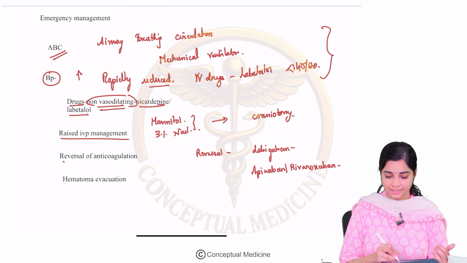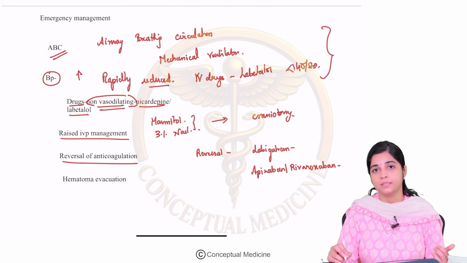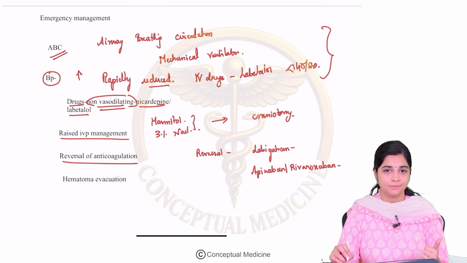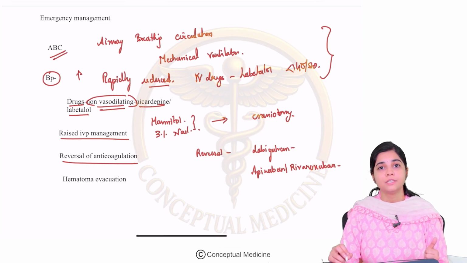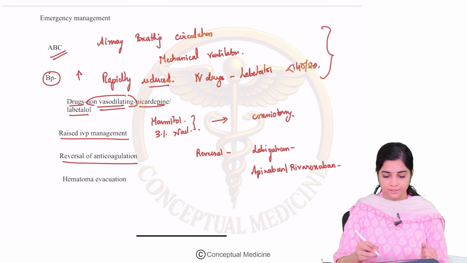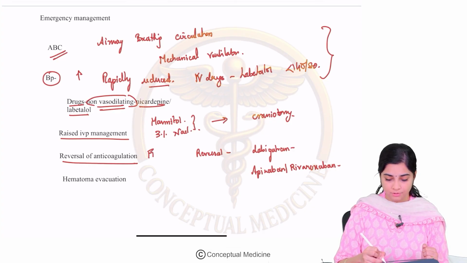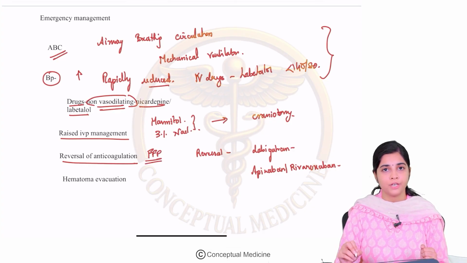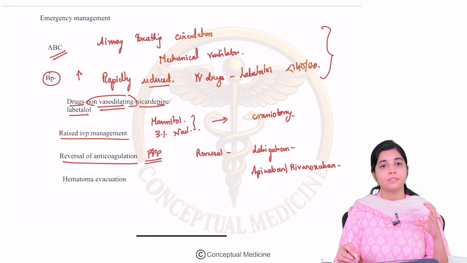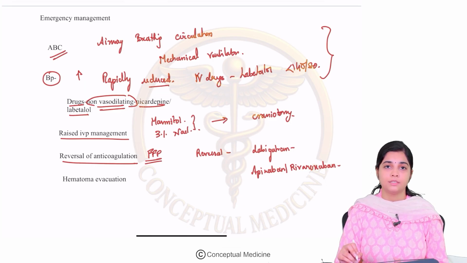Many a time the patient may be on an anticoagulant. If it is an anticoagulant-related bleed, then you may have to do a reversal of anticoagulants. An emergency management would be injection of fresh frozen plasma, which will help in the reversal of the anticoagulant. But if the patient is on specific anticoagulants and the antidotes are available, then the reversal agents or antidotes have to be used.